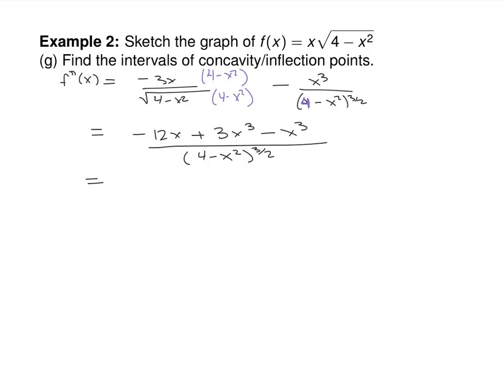Do you agree with 2x cubed minus 12x? Affirmative. And then that's 2x times x squared minus 6.